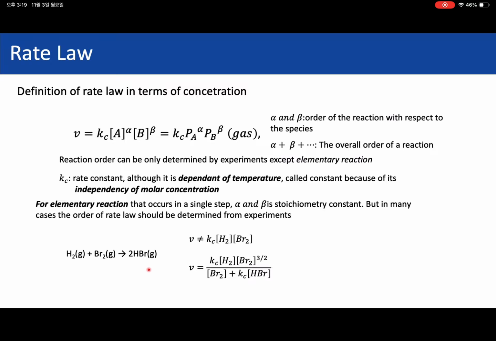It's not just a function of the concentration of reactants, but also the concentration of product. So just keep in mind that this rate law should be determined from experiment, and we will discuss how we determine this rate law from experimental observations.